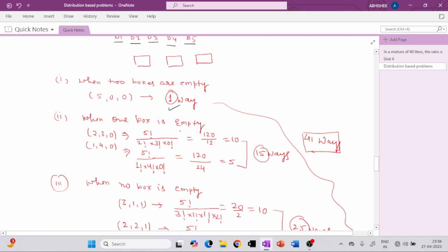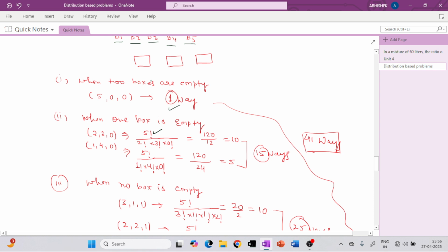When one box is empty, it can be done in 230 and 140. For 230, because balls are different, 5 different balls can be arranged in 5 factorial ways, but inside a box the order of balls is not important. If in the first box we put B1, B2, B3, the arrangement of B1, B2, B3 inside the box is not mandatory. We cannot say B1 B2 B3, then B1 B3 B2 are 6 arrangements.